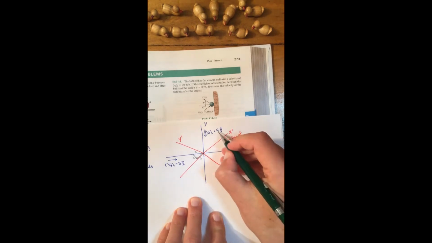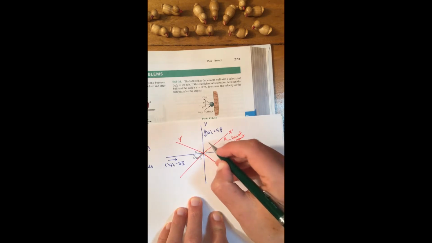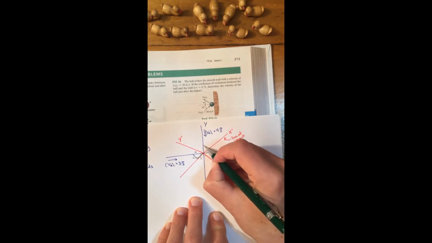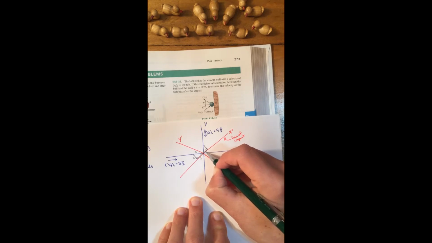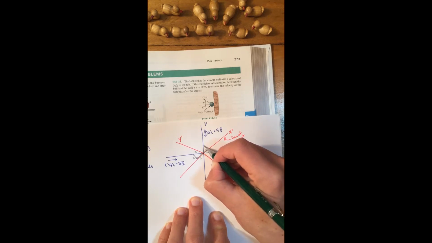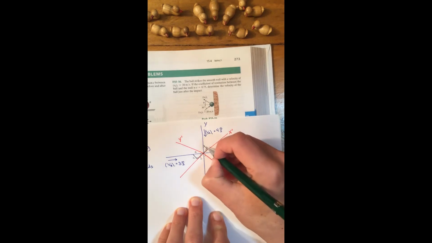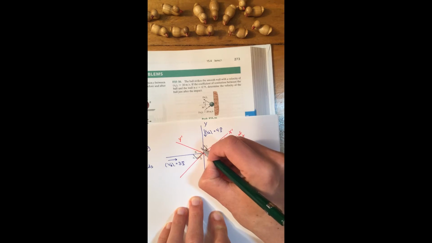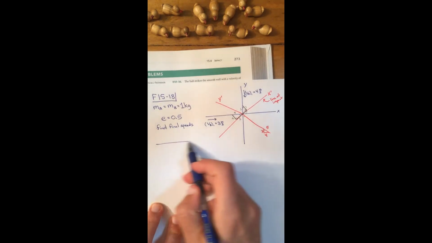And if we want to break the velocity of puck A down into x prime and y prime components, you would do it like this. This is the y prime component, this is the x prime component, this is a right triangle. Since this angle is theta, this angle is 90 minus theta, so this angle is also theta. The side which is proportional to 3 is adjacent to theta, so this is 3, and this is 5, and this is 4. So now we should be able to break our velocities down into components using what we have here.